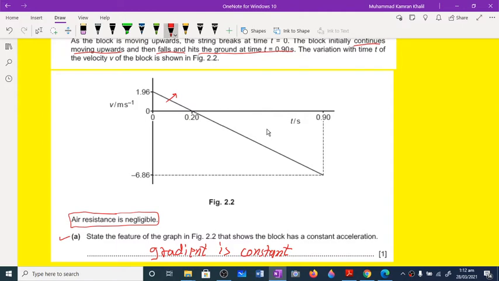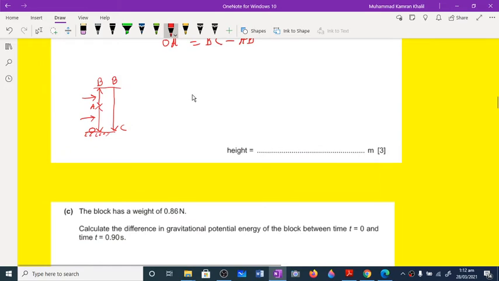So this point is A, this point is B, this point is C. So how can we find the distance of AB? 1.96 and 0.2. So first of all, I will find the value of AB, that is equal to 1 by 2, and the values are 0.2 and 1.96.